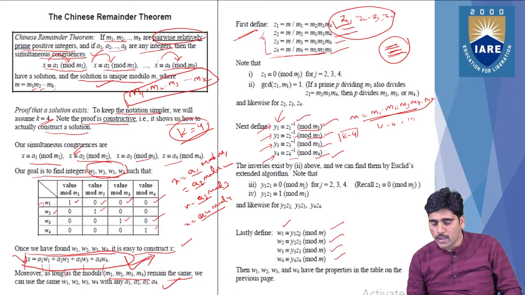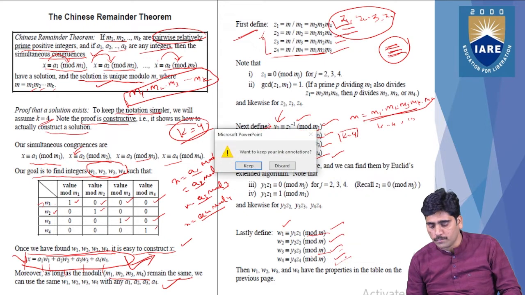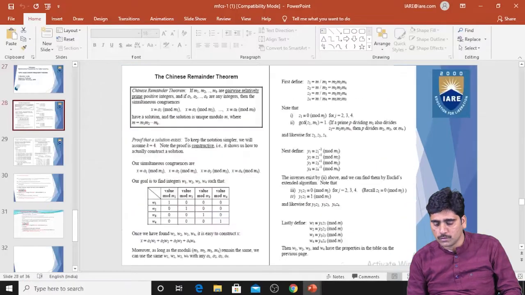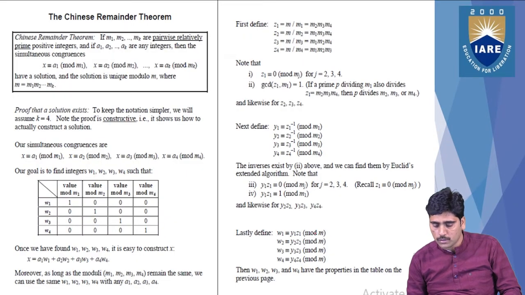W1 equals Y1 Z1 mod M, W2 equals Y2 Z2 mod M, W3 equals Y3 Z3 mod M, and W4 equals Y4 Z4 mod M. This is the way you can find the W1, W2, W3, W4 values.